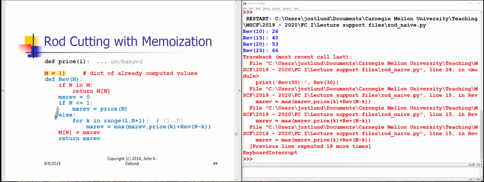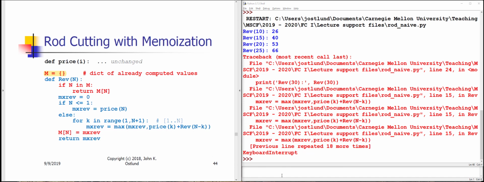Otherwise, we will run our decision and loop. Having computed the maximum revenue that we can get from an n-foot piece of rebar, we're going to save that maximum revenue into our map and then return the maximum revenue.